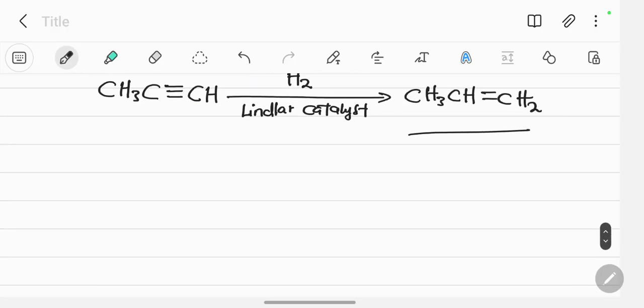Then you may have a more intimidating structure with benzene.